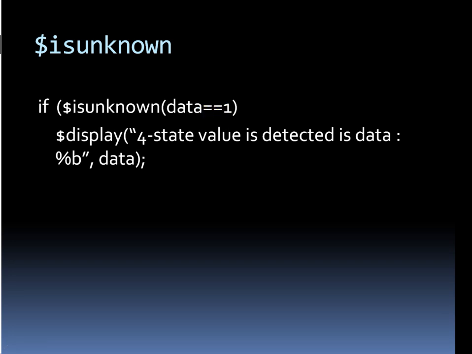It will return a 1 if any bit of the expression is X or Z. So this is very important if we are using 2-state variables in the design, because whoever is making the testbench doesn't know whether we are using 2-state variables or 4-state logic variables in the design. So if some bits are coming as X and Z, how will we know? We have to use $isunknown, and if it is X or Z, then it will return a 1. That's all for today. Thank you.